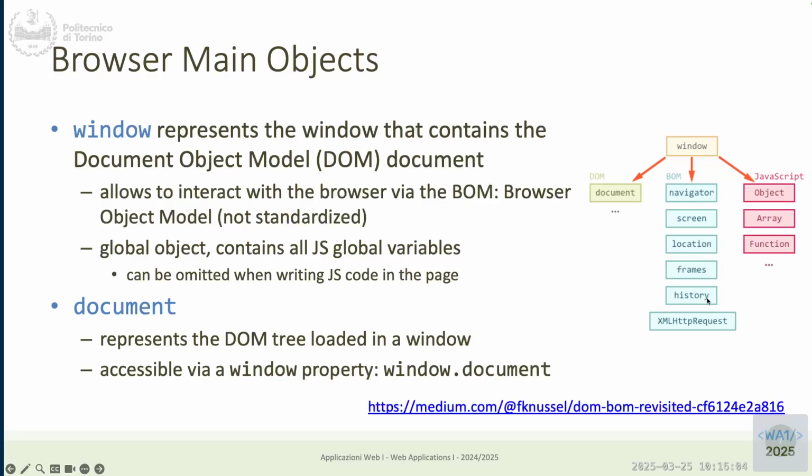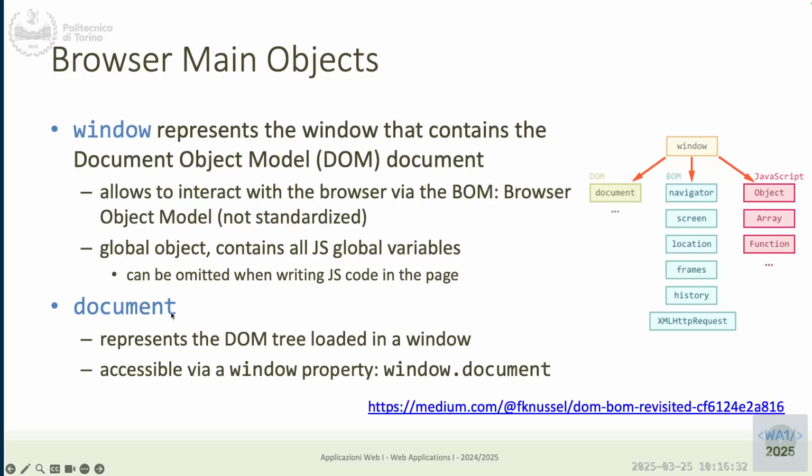There's the history object that you can query to check the history of the current page, and something more. These objects don't exist in Node.js, of course. They only exist in a browser, and they are the interface between the browser itself and the frame that contains your web page and the JavaScript code. BOM, browser object model.